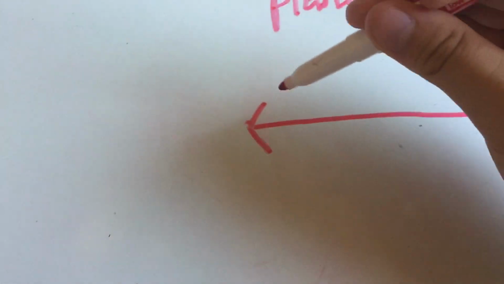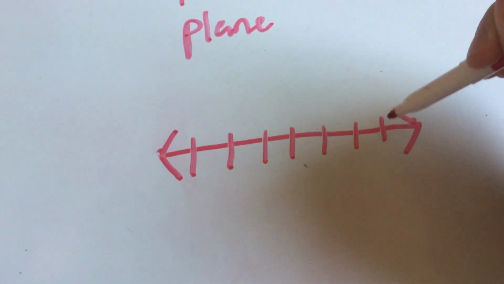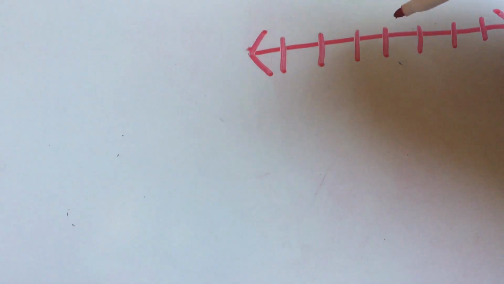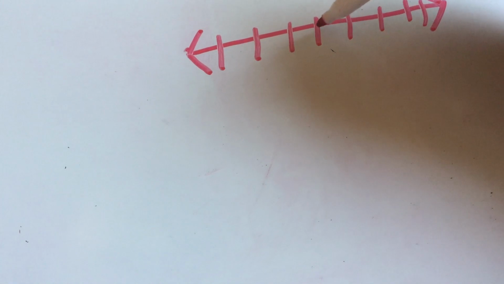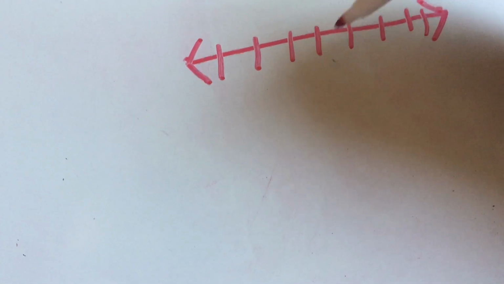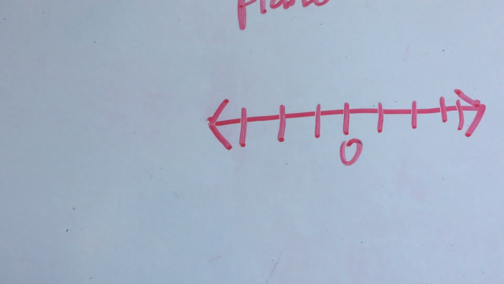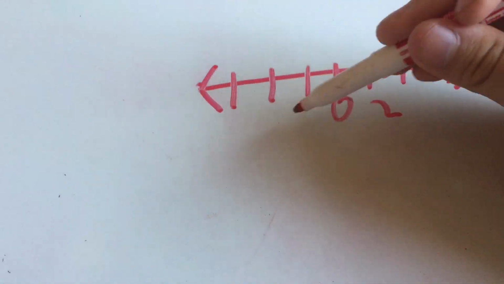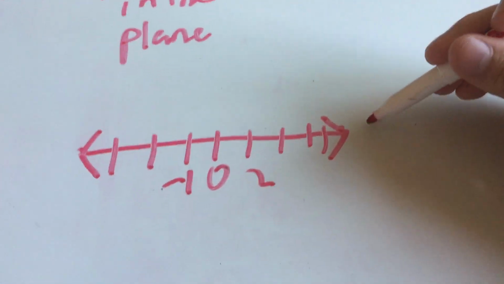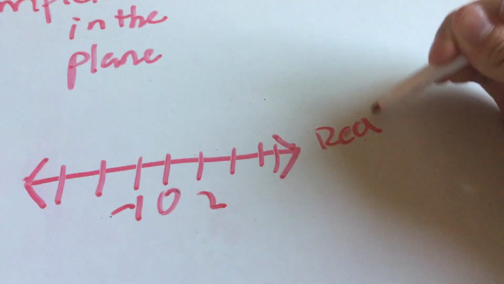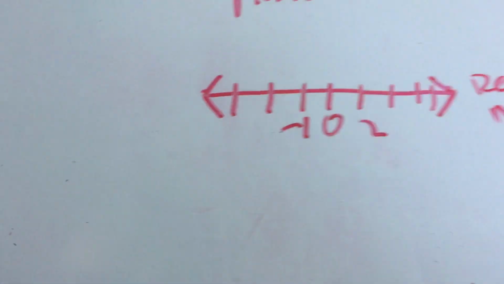Just pretend that. And we put 0 right here. And if we put 2 and -1 there, the x-axis is your real number.